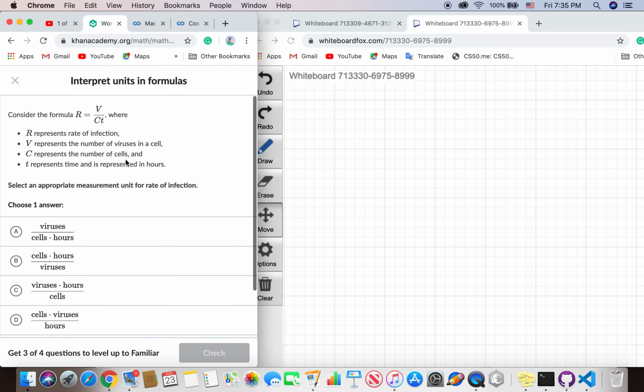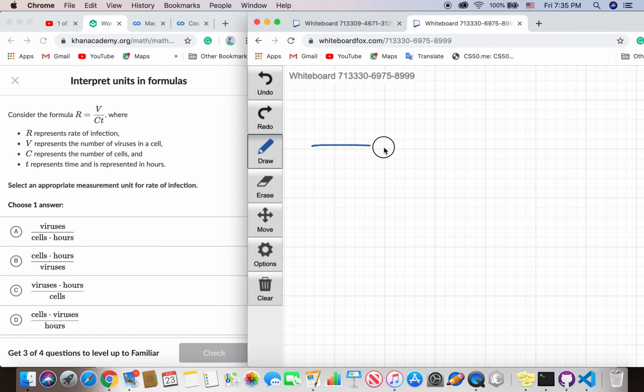Okay, so let's see. What does V mean? So R equals V over CT.